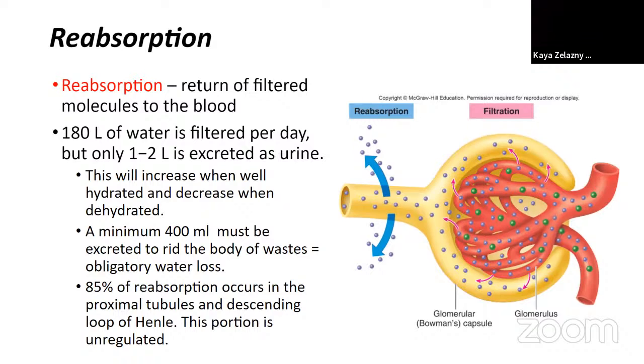So that part is unregulated, but we know that the really important thing about the loop of Henle as we descend into the medulla of the kidneys is that we're setting up that osmotic gradient. We're setting up that increasing concentration of solutes as we get deeper into the kidney, which means we exert more and more of a pull on the water that's remaining in the tubules, which means that we are able to regulate the amount of fluid that gets reabsorbed in the later parts of the nephron.